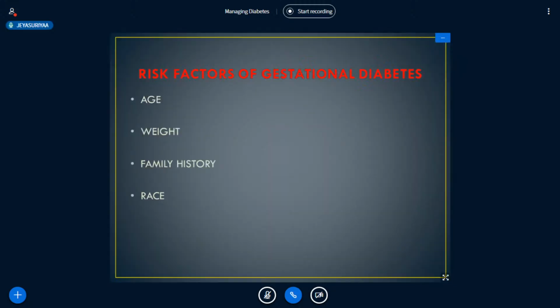Now coming to risk factors of gestational diabetes. Any pregnant woman can develop gestational diabetes, but some women are at greater risk than others.